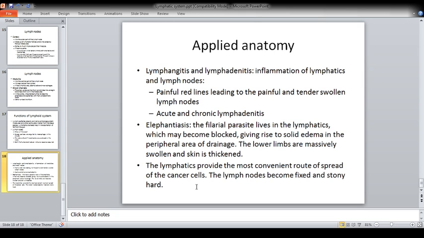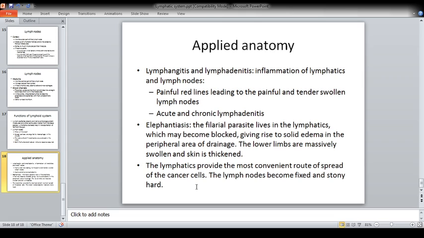Whenever there is cancer of any particular part of the body, the lymphatic vessels that are draining that part, the lymph nodes, are always checked for metastasis of the cancer, whether it has spread or not.